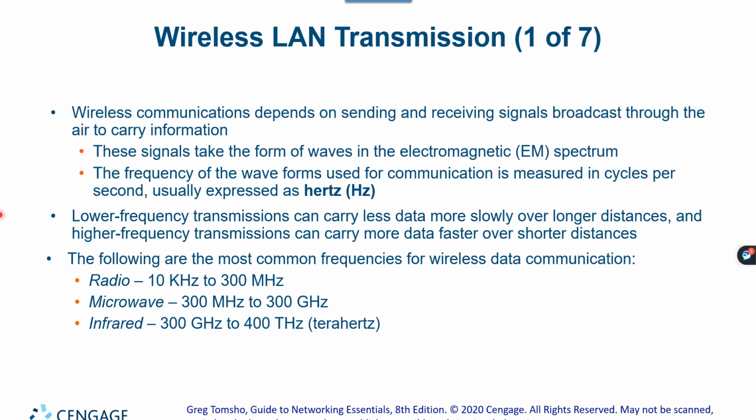The microwave in your house does send out these waves, but the ones we have standardized for communicating are going to be 300 megahertz to 300 gigahertz. And then infrared is light. We use those networks also. It's going to be 300 gigahertz to 400 terahertz. You don't need to memorize that. That's just giving you some examples.